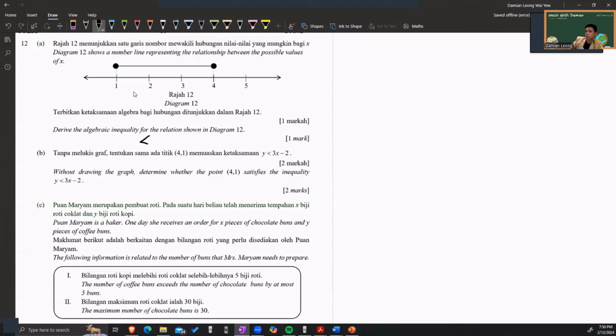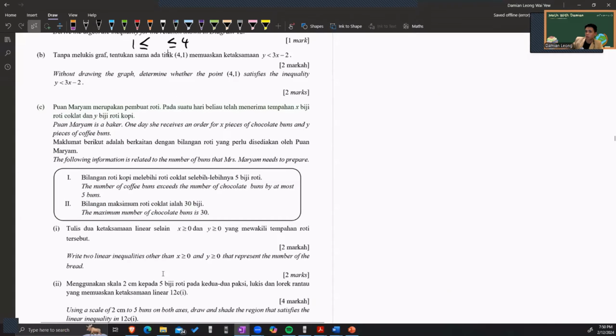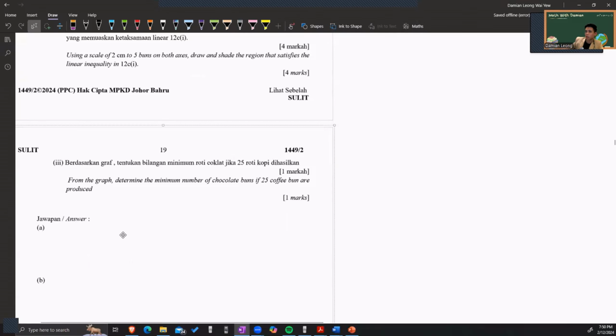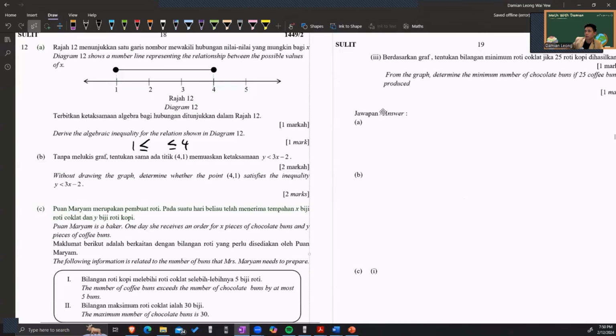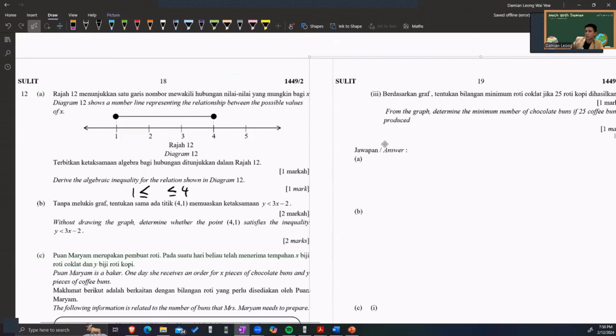So means in between 1 and 4. Both shaded point that's equal. Okay, actually, should put the answer here. Yeah, 1 and 4 that's equal. So x more or equals 1, less or equals 4.